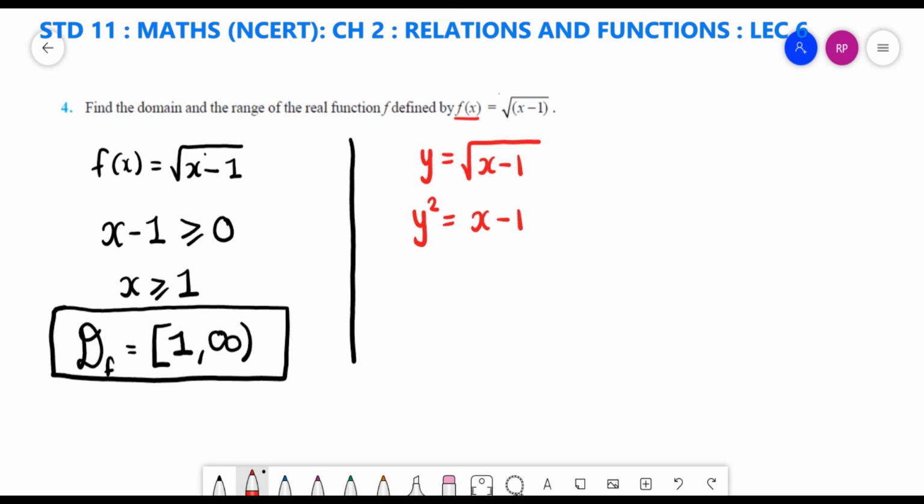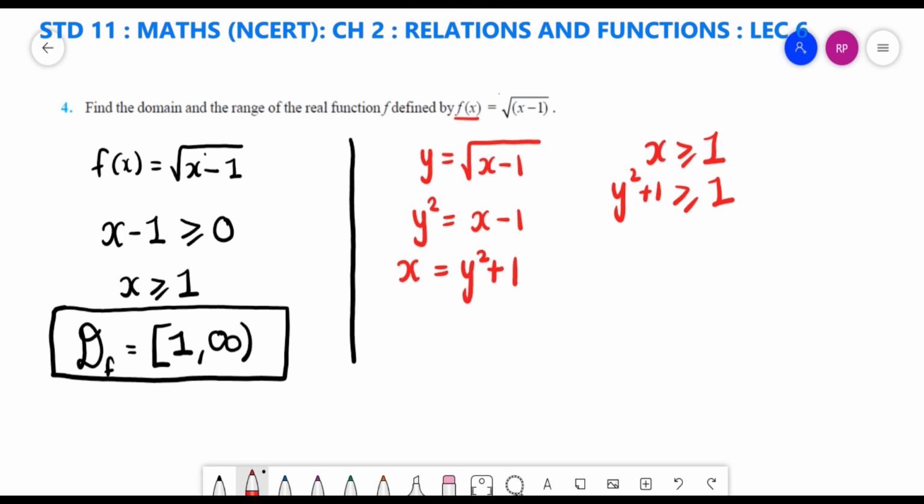Clear? Okay. So now x will be equal to y square plus 1. Now we have to take the value of x greater than or equal to 1.